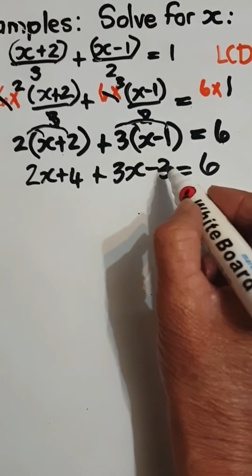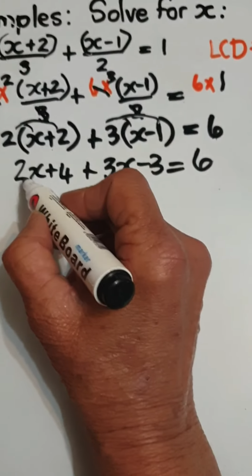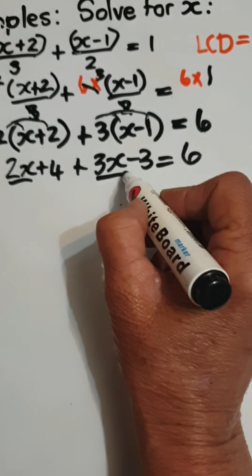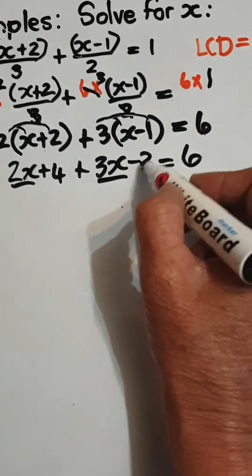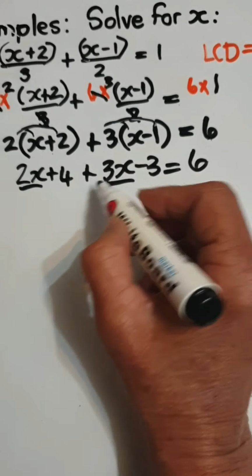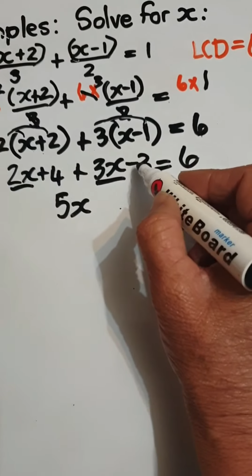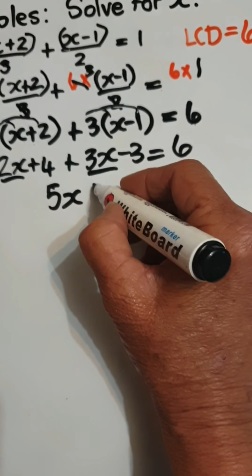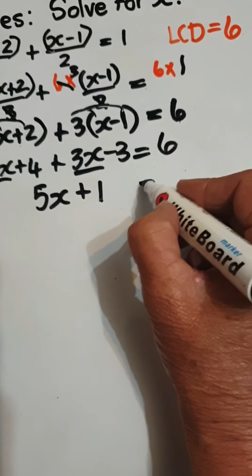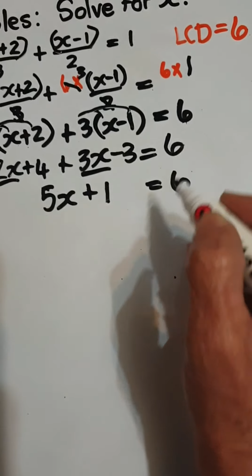So now let's simplify this further. I add like terms. There's x's and there's numbers. So I can add 2x to 3x. That will give me 5x. And I can add 4 to negative 3, which will give me just 1. And all of that must be equal to 6.